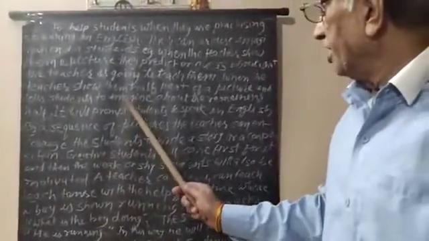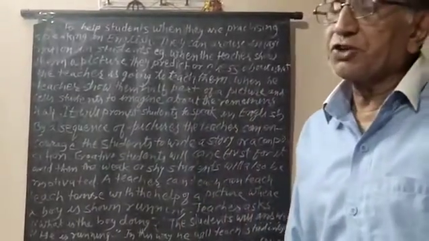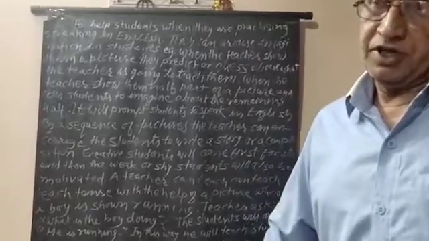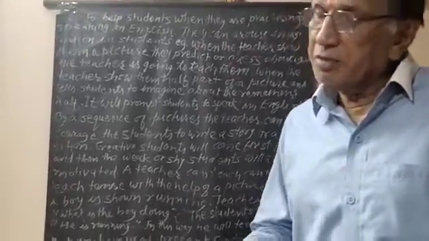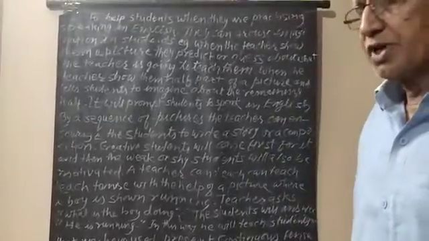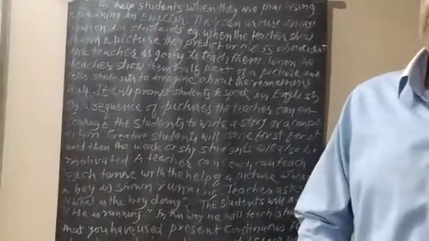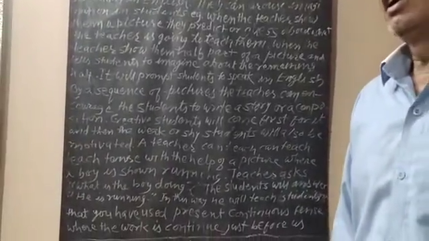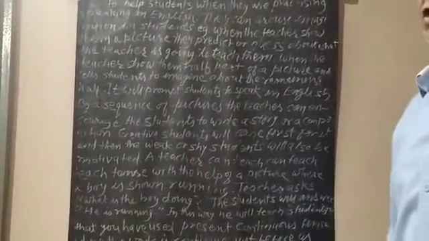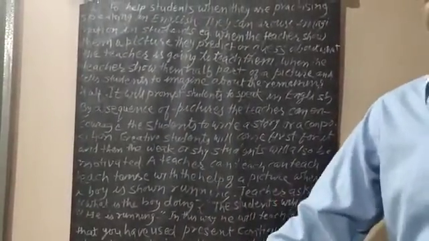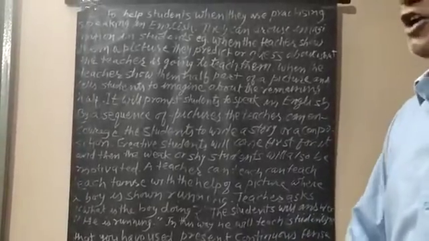When the teacher shows them half a picture and tells students to tell about the remaining half, students will again imagine what will be in the remaining half, and this will again arouse their imagination power, and they will think and speak in English with that prompt, that encouragement, that motivation.